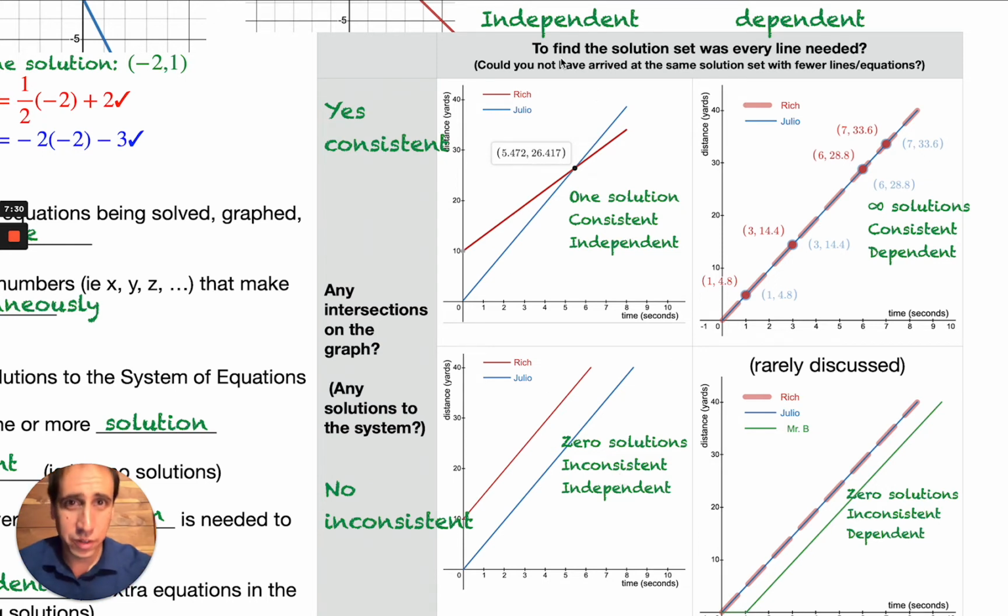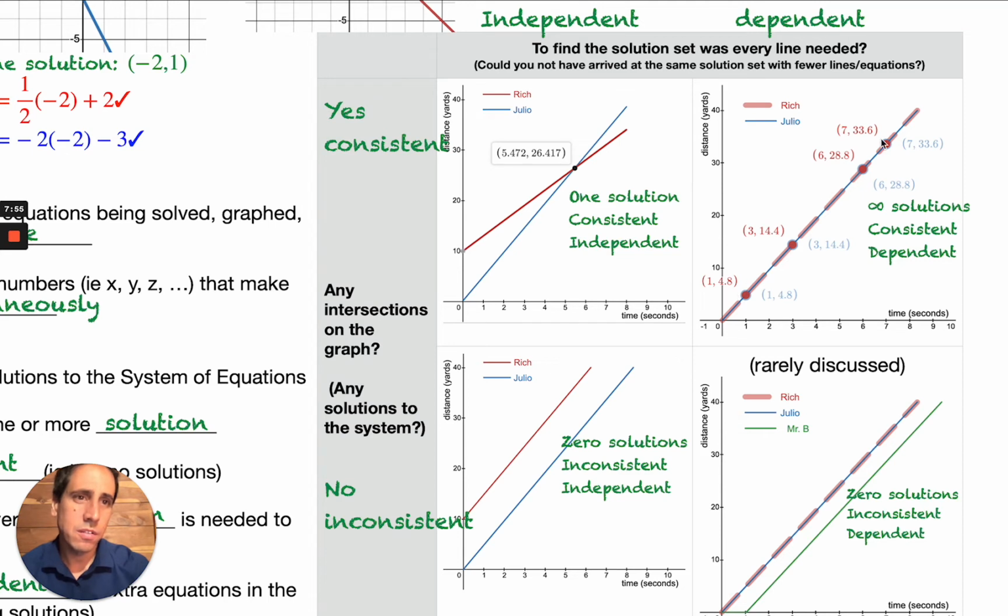The other question that we want to ask is the second question you ask. So once you establish if there are yes intersections or no intersections, you have to ask yourself, to find the solution set, was every line needed? So here, yes, we needed both of these lines in order to establish that there was one solution.